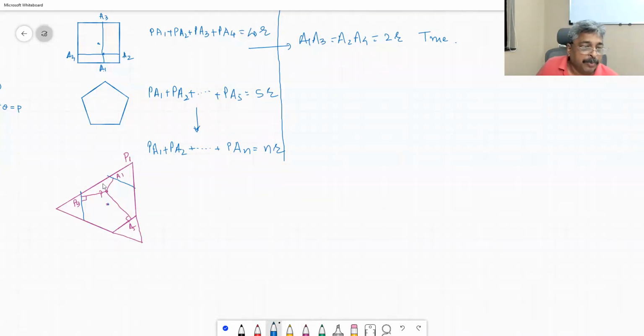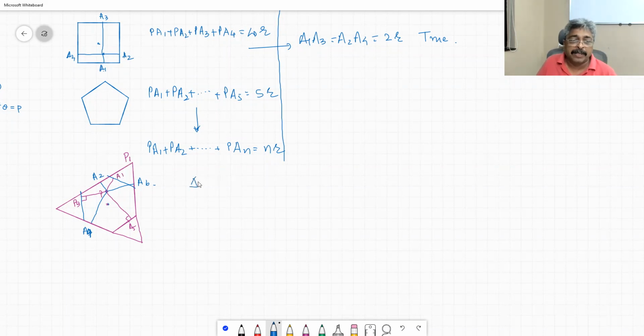Now I will put it from PA2, PA4, PA6. Again, in the hexagon those are going to be opposite of each other.